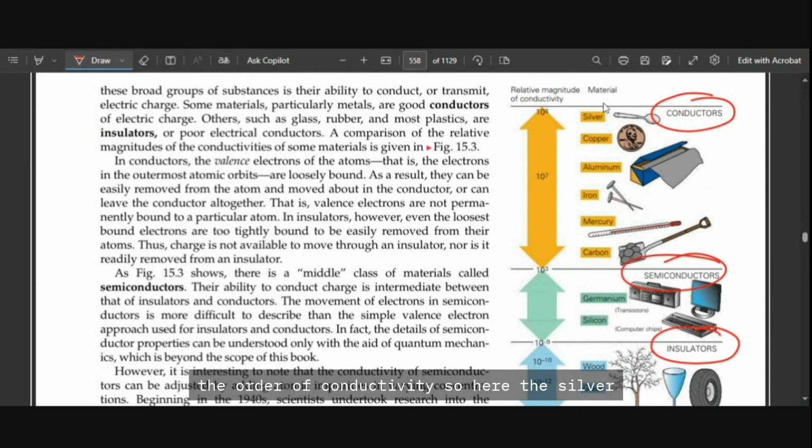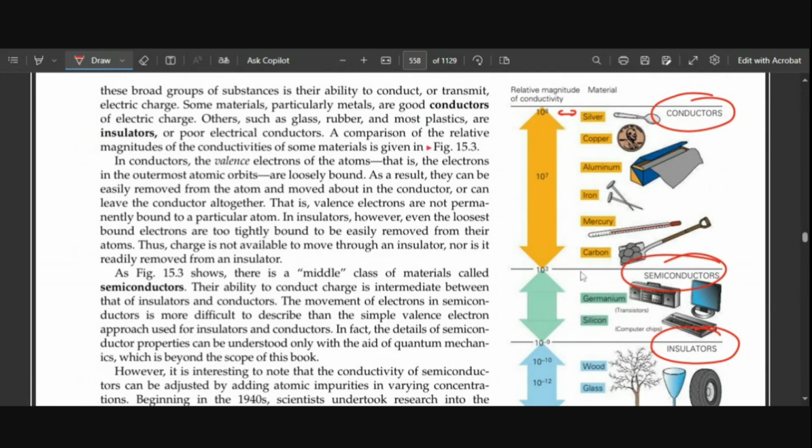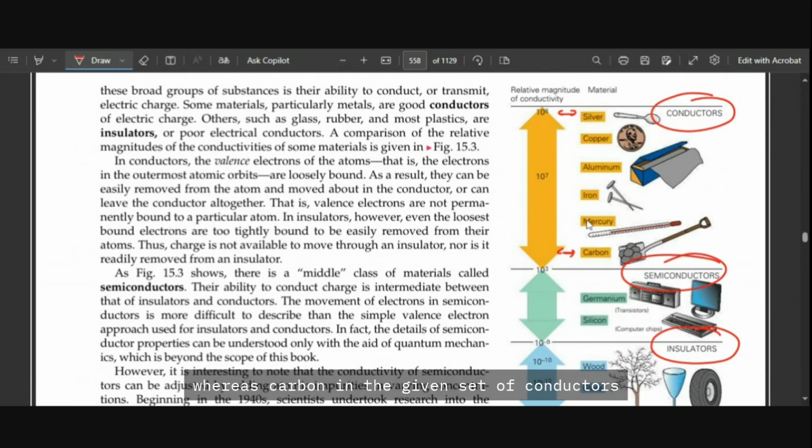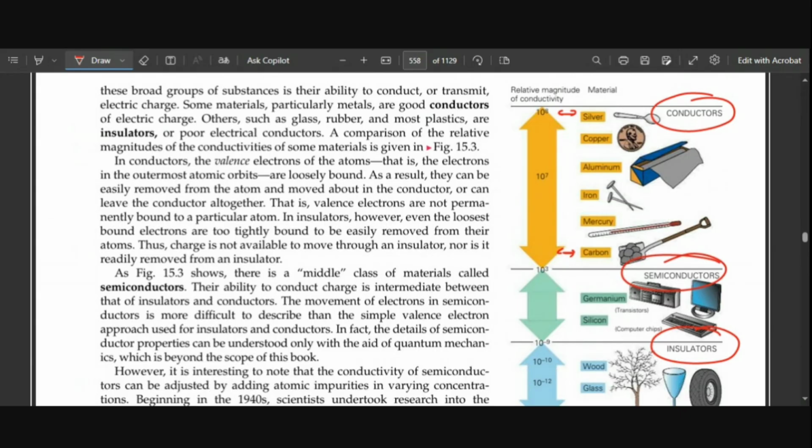Silver is supposed to have the maximum relative conductivity, whereas carbon, in the given set of conductors, has the least conductivity. Where did we actually see carbon as a conductor? We can imagine the graphite in a pencil, which can be used to conduct current. We must have done this in earlier classes as well through experiments, where we understood how current is transferred through graphite, or the lead of those pencils.